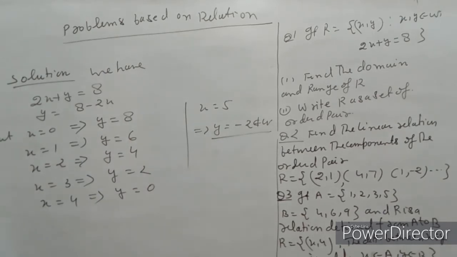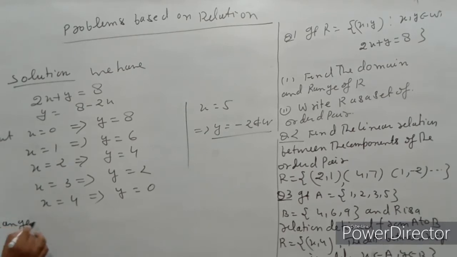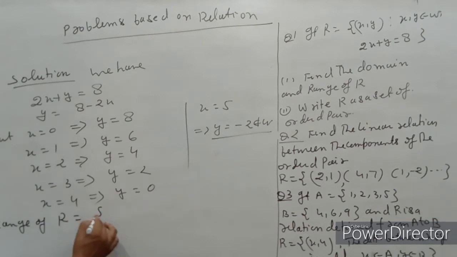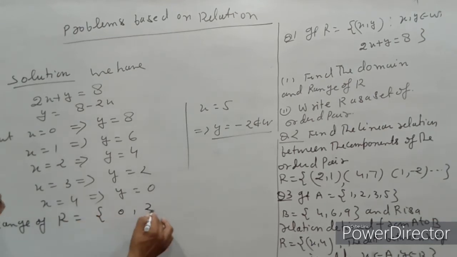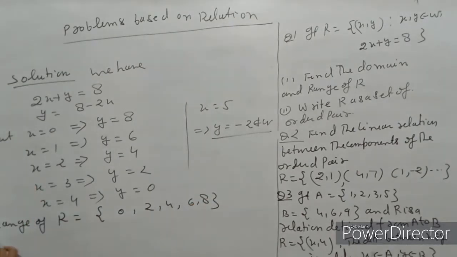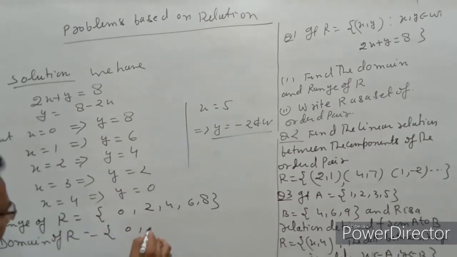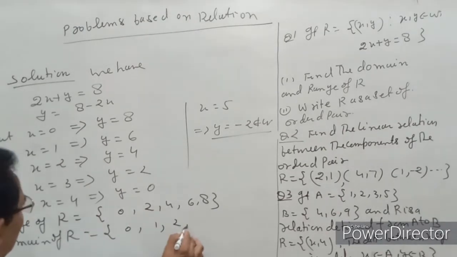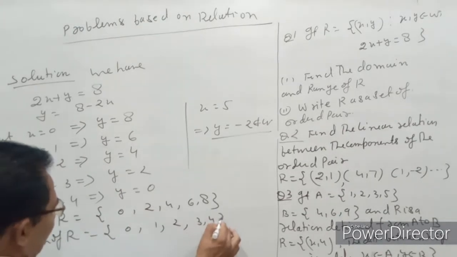So therefore range of R is equal to 0, 2, 4, 6 and 8, and domain of R, अगर हम इसका डोमेन देखें तो the values of x are 0, 1, 2, 3 and 4.